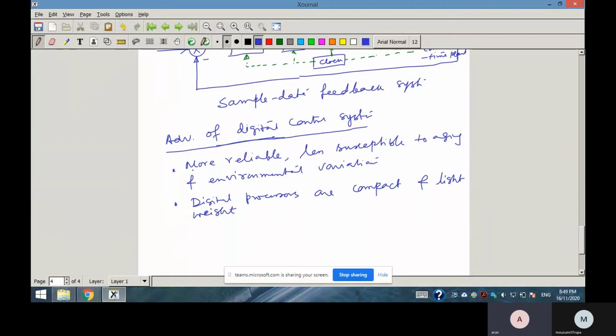Analog implementation is not possible. So it is compact, lightweight and less sensitive to noise, and implementation is easy.